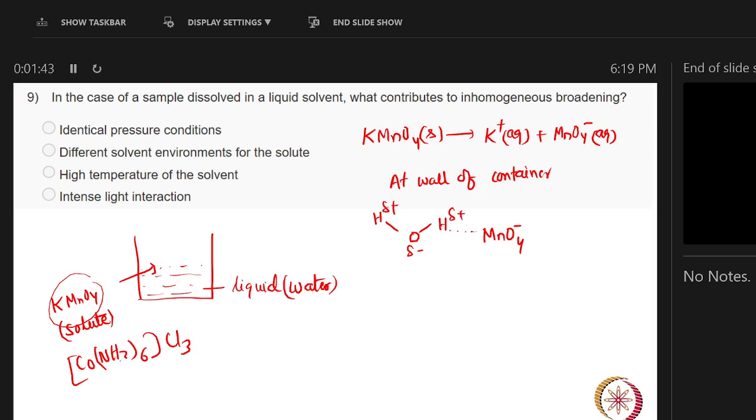So it will interact like this. I'll directly write OH2. Let's say it is interacting with 3 molecules. And at the middle of the container, let's say it's interacting with 4 molecules.